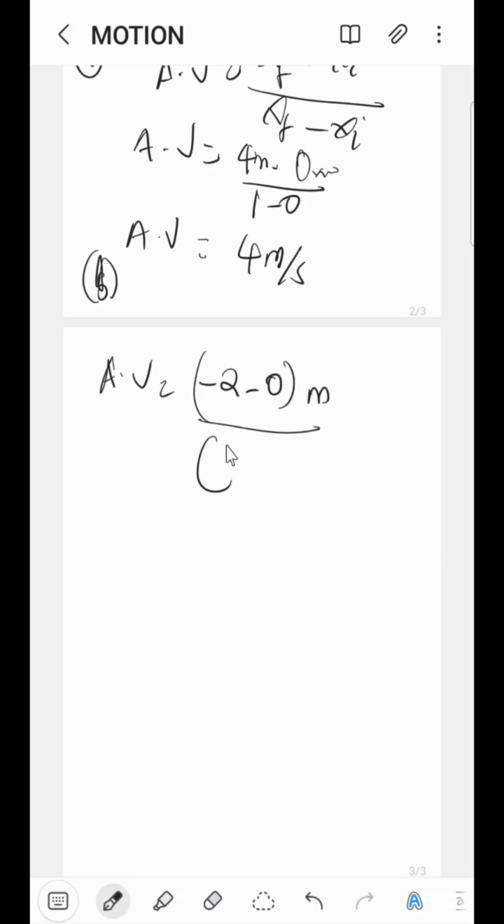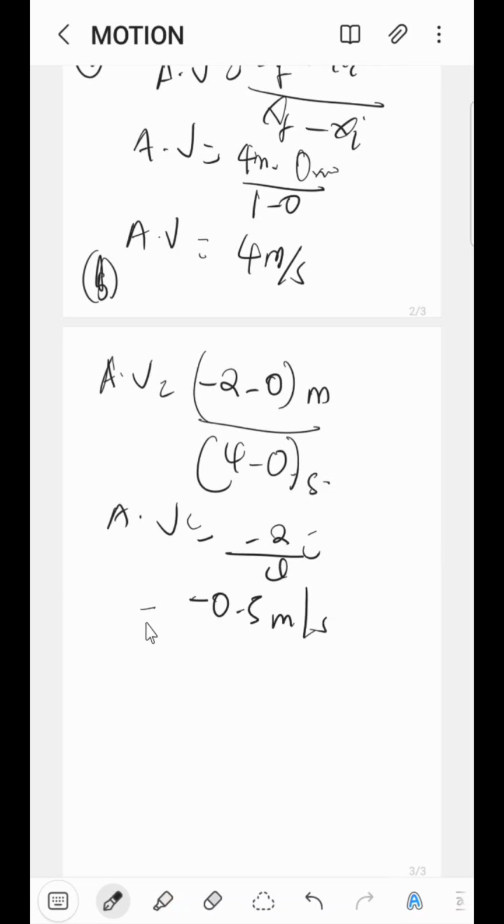It was 0 to 4, right? So you have 4 minus 0 seconds, so this is -2 over 4, that is half, right? So you have -0.5 meters per second average velocity.